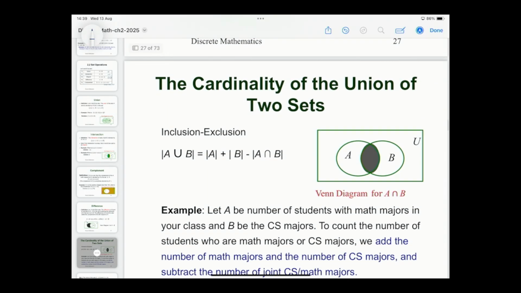When we have 2 sets like this, we can find out the union and the intersection part and so on.